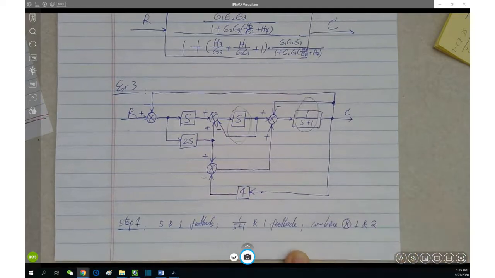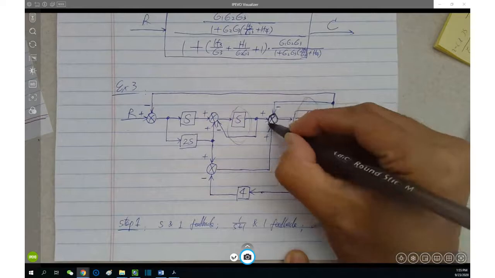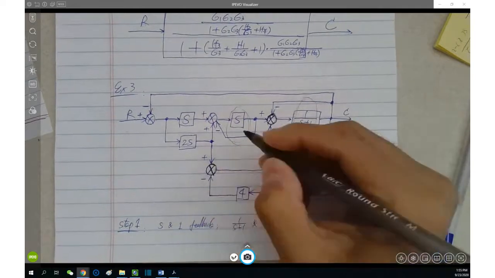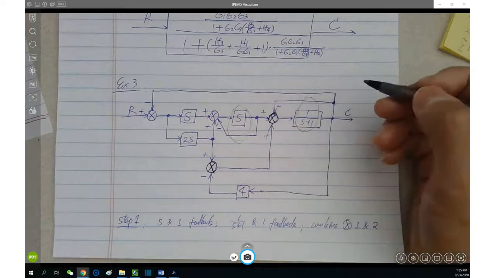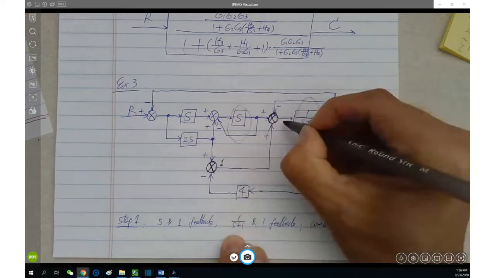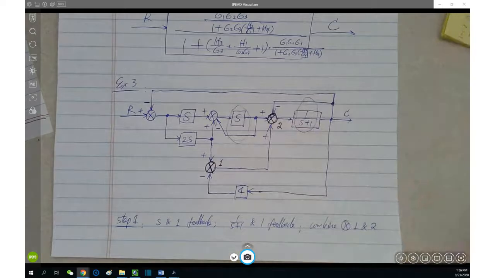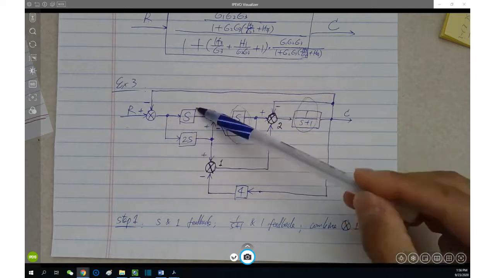Does it make sense, guys? Yeah, it's a little bit tricky. However, we name this one as 1, this one as 2, and you can do this 3. If this makes sense, of course, it also explains why we cannot do parallel between these two.